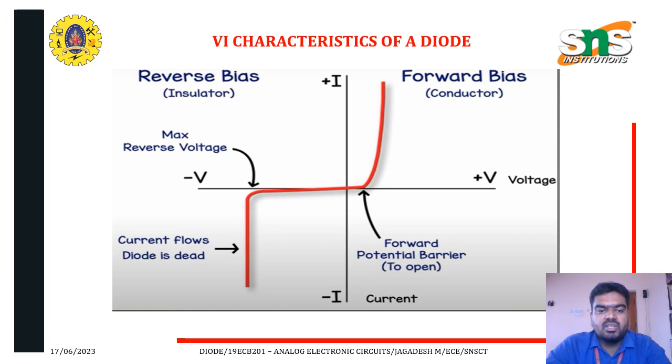But after reaching some maximum reverse voltage, the diode acts as a complete conductor. The diode loses its property and is considered a dead diode, and current flows. So these are the VI characteristics of a diode. Simply, in forward bias the diode acts as a conductor, and in reverse bias it acts as an insulator.